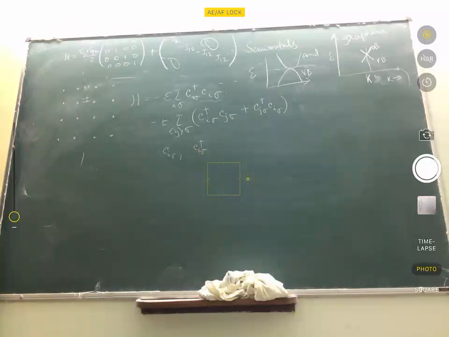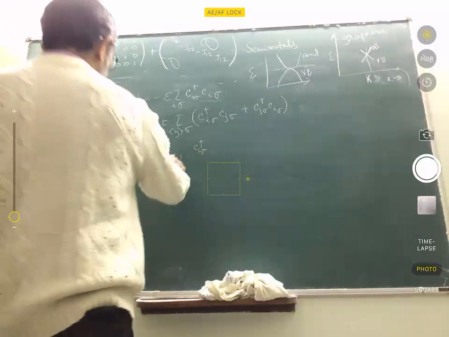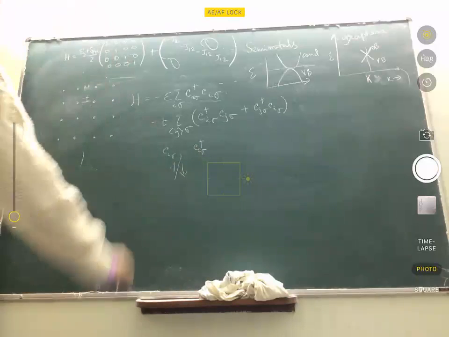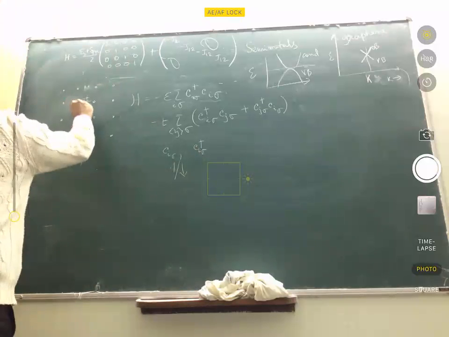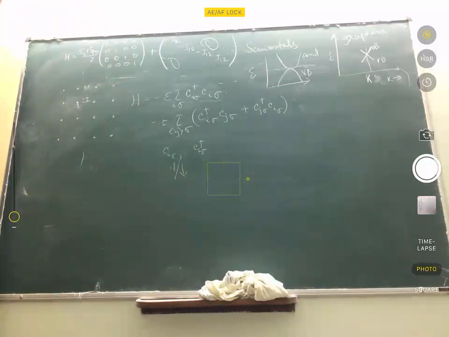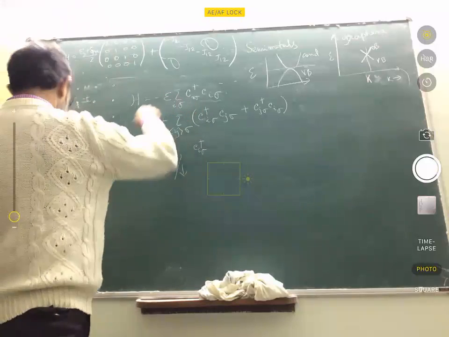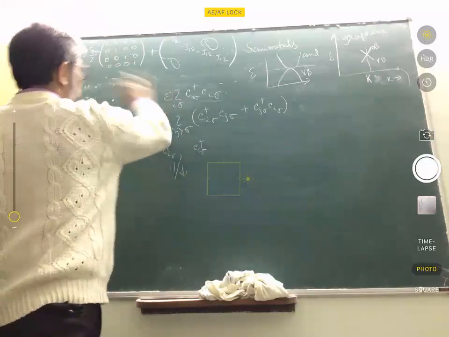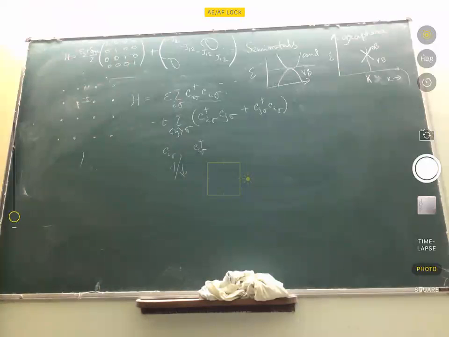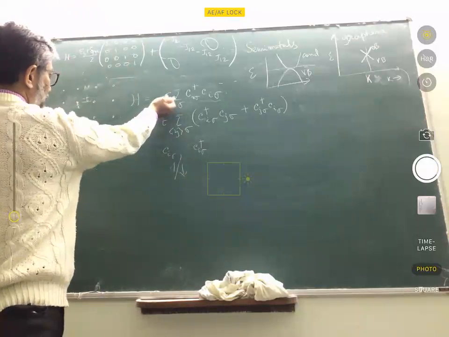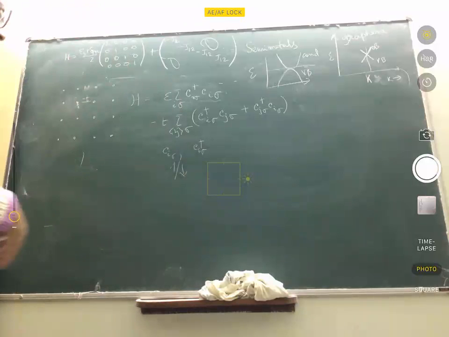Sigma is the spin index, which can be up or down. And i means one of these sites. So this just gives you the on-site energies. Let me write it as epsilon, not minus. Every site is equivalent, and there is an energy epsilon when an electron sits on that.